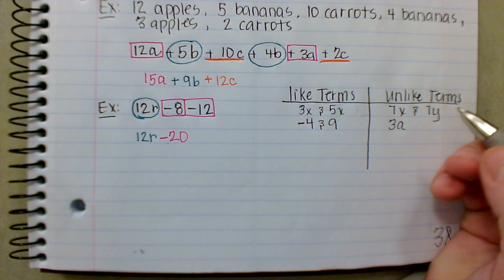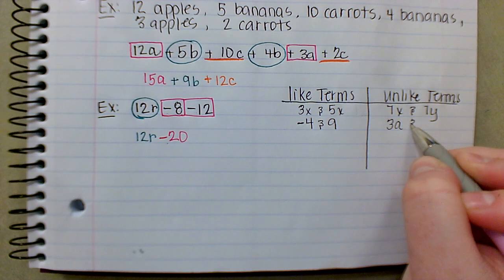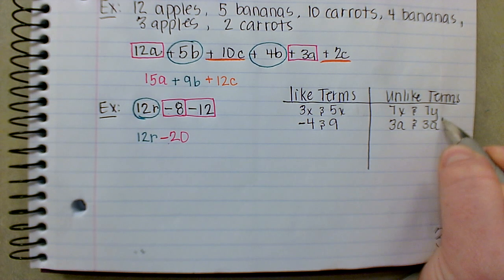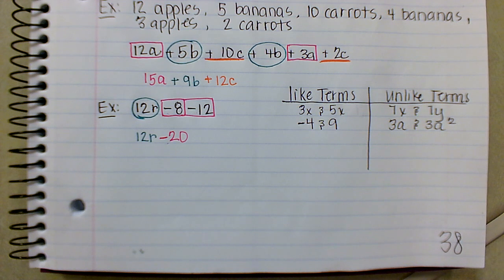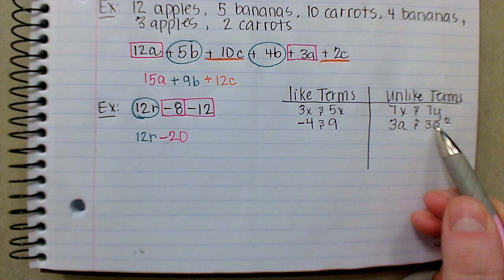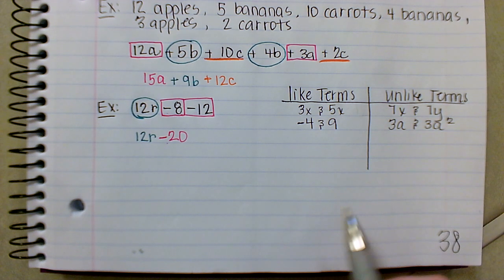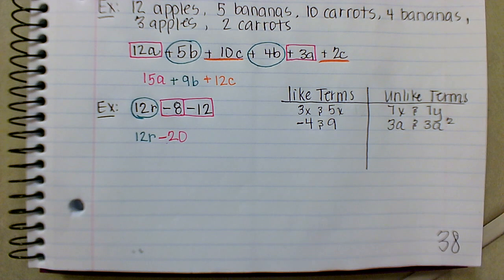An example of an unlike term would be 3a and 3a squared. A squared means you're multiplying a times a, whereas this is just 3 times a.